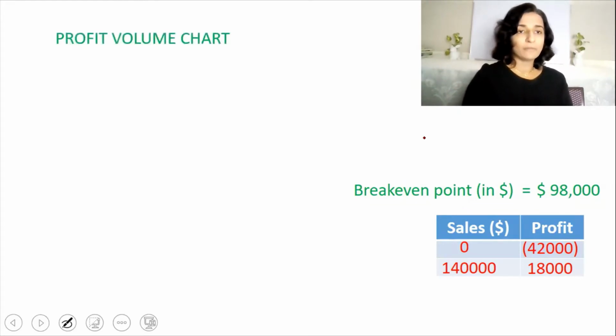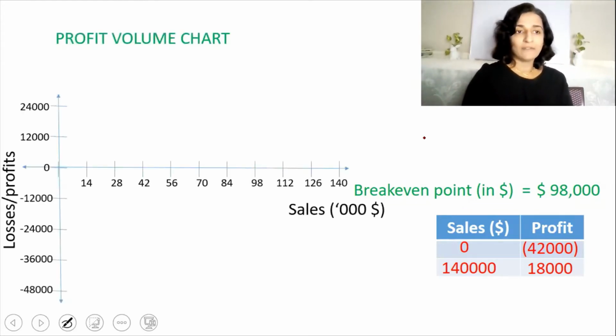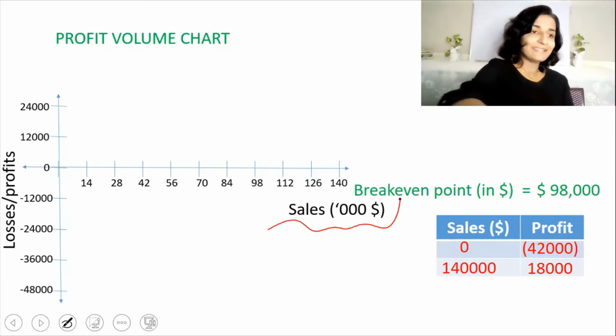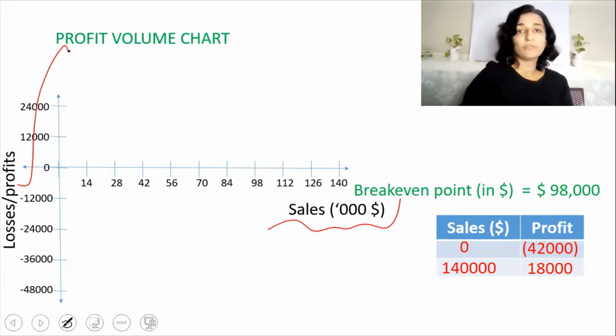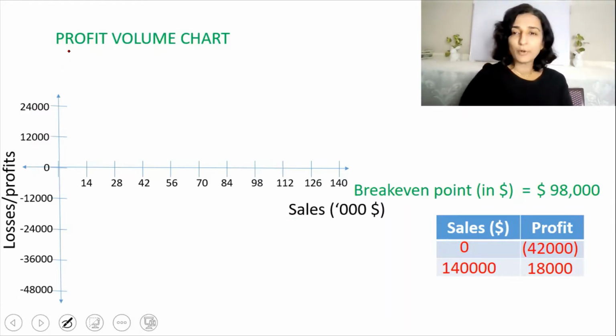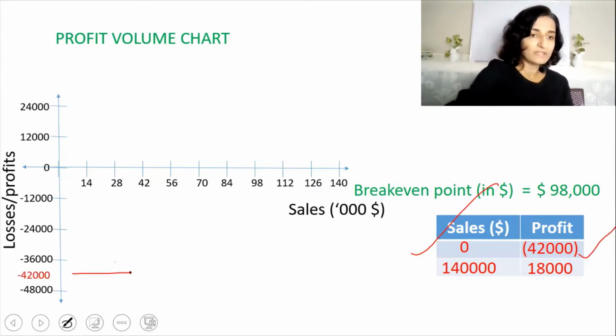So we have the profit volume chart. We have the x-axis and the y-axis. The sales in thousands of dollars is depicted on the x-axis and the losses or profits on the y-axis. So what is the first point to plot? When the sales is 0, the profit is negative 42,000. So we have negative 42,000 here.